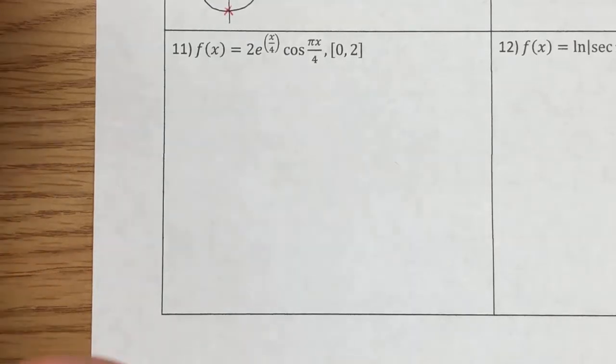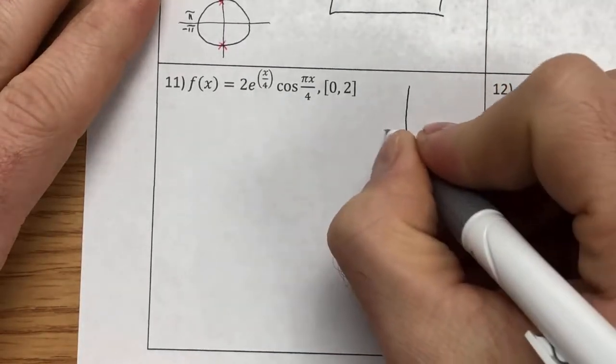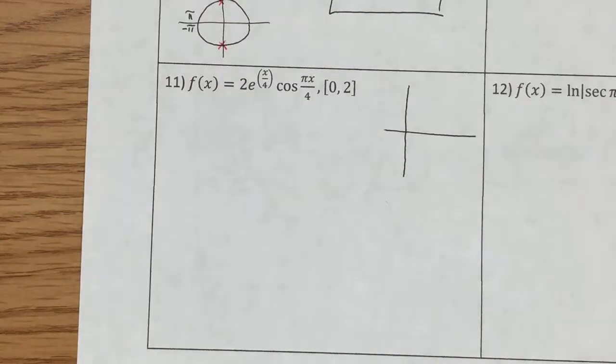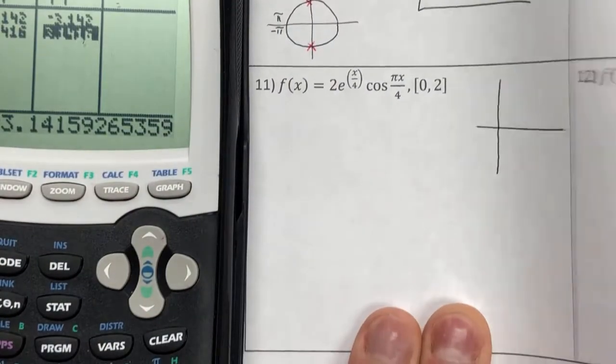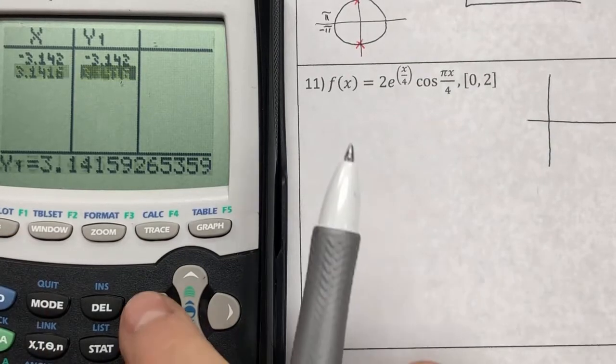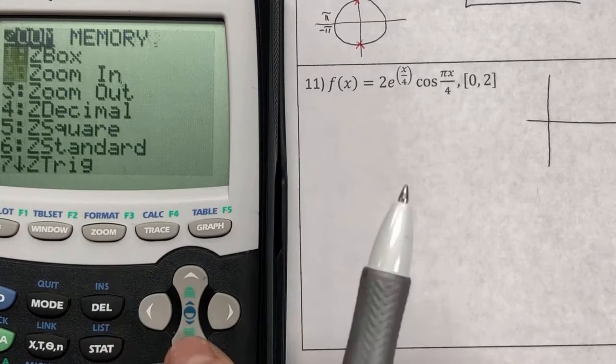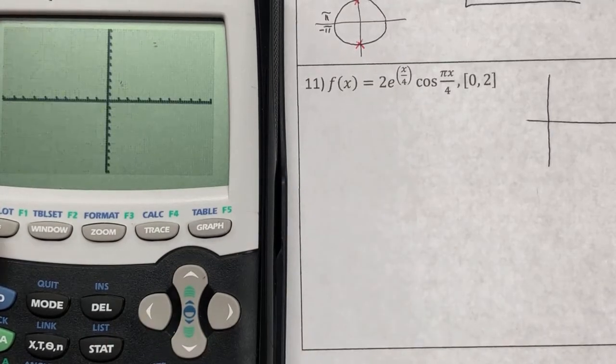Okay, so let's take a look. From 0 to 2, so I'm looking at some sort of positive aspect of this graph. This one looks like it's going to be fun to type in. Let's clear out our calculator.